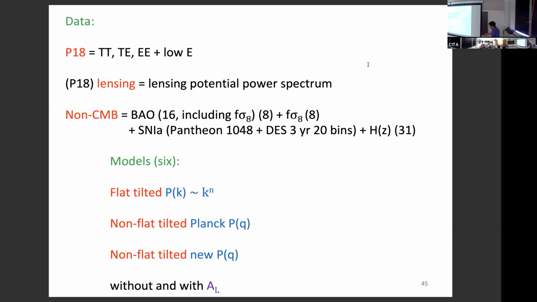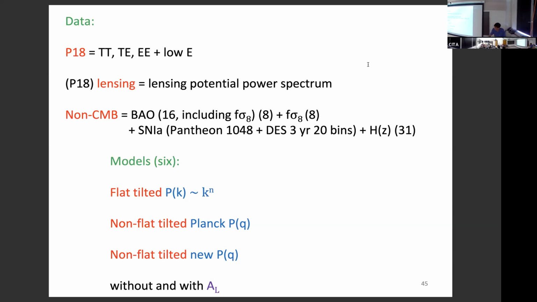And we'll look at 6 different models here. The flat tilted model with the scale invariant power spectrum, the non-flat tilted model with the Planck power spectrum, the non-flat tilted model with the spectrum I computed, and we'll do this with and without the lensing data. So that's the lensing parameter.